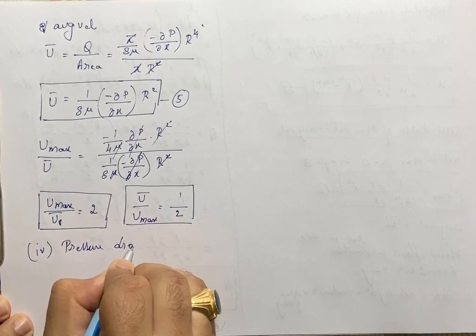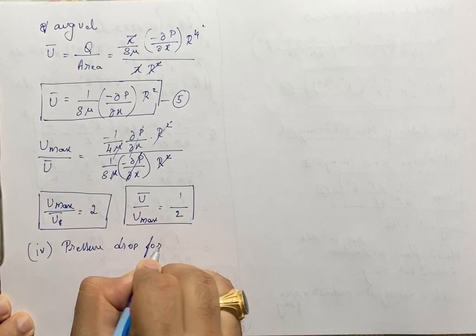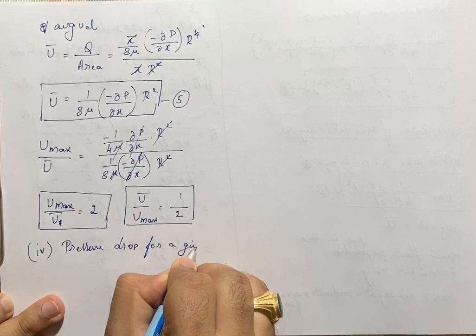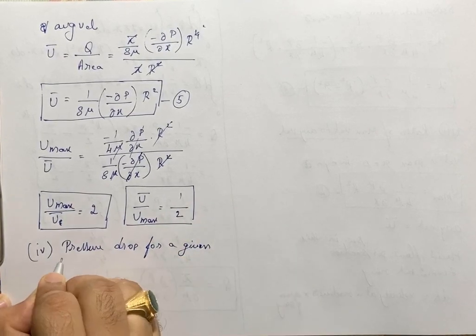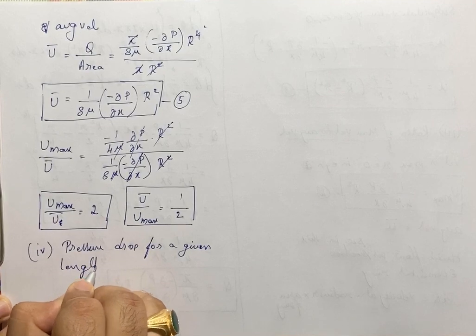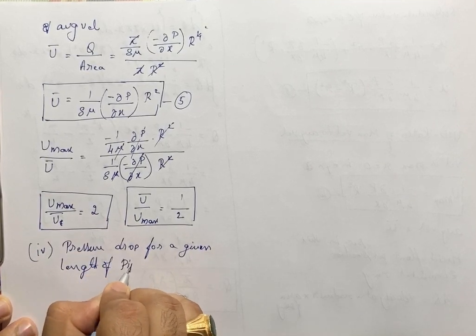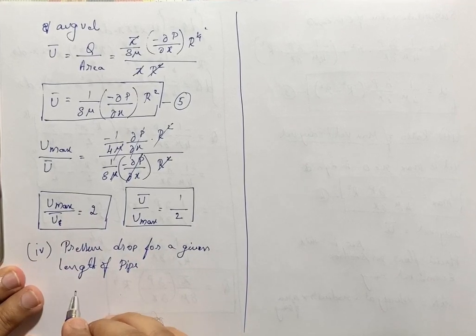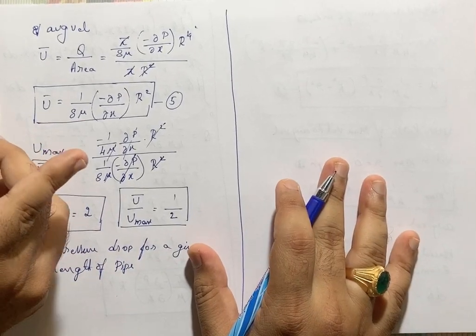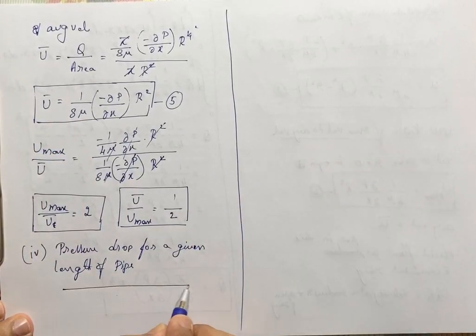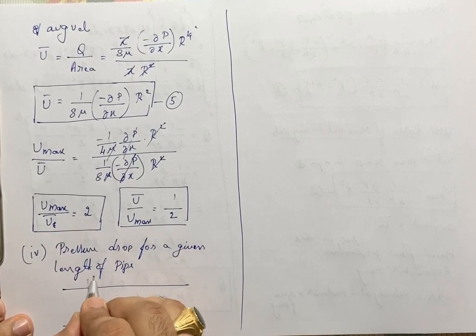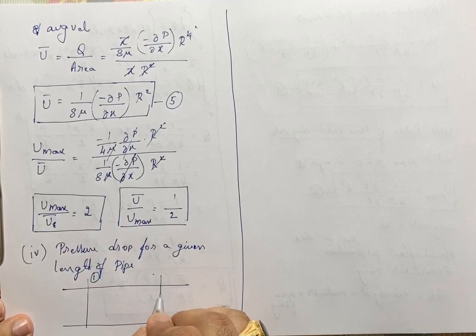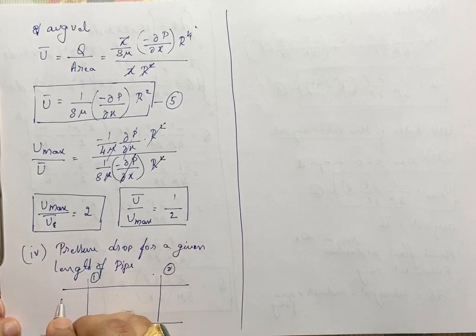Pressure drop for a given length of pipe. Now to derive this, we need to consider a pipe section. This is the pipe we have considered here. This is section 1, this is section 2, right.